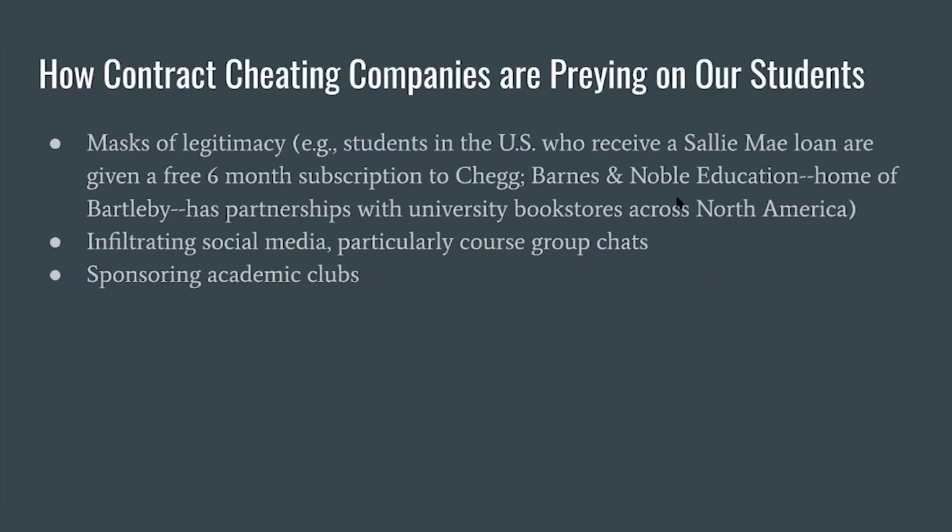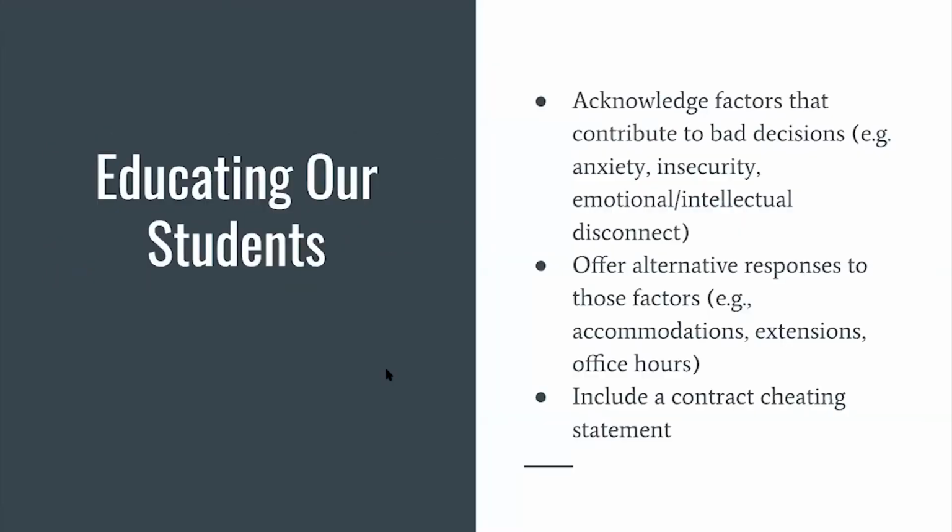I just learned this at a conference from somebody who had been reached out to for that. The students are getting it from a lot of different directions, and in some cases, the messaging can be a little bit confusing. With that said, I'm not suggesting that students don't realize that buying an answer is wrong. I'm just saying that they are being preyed on.